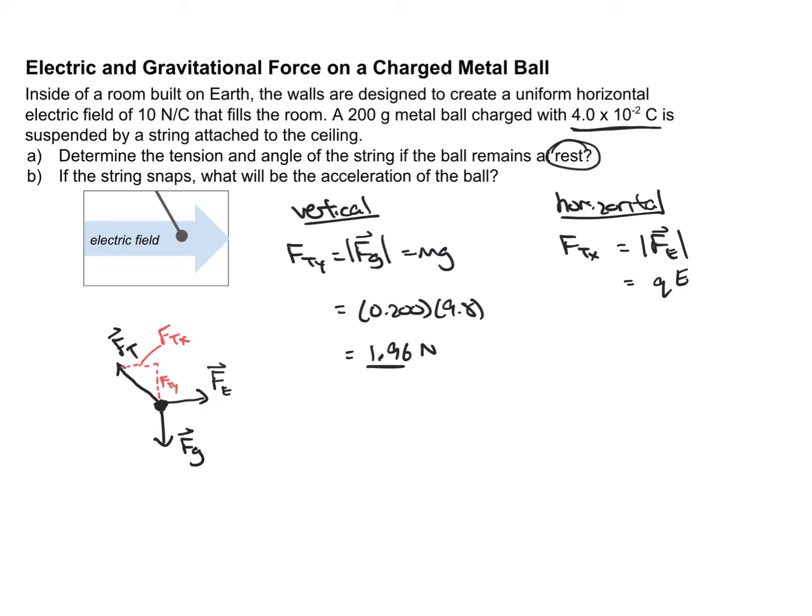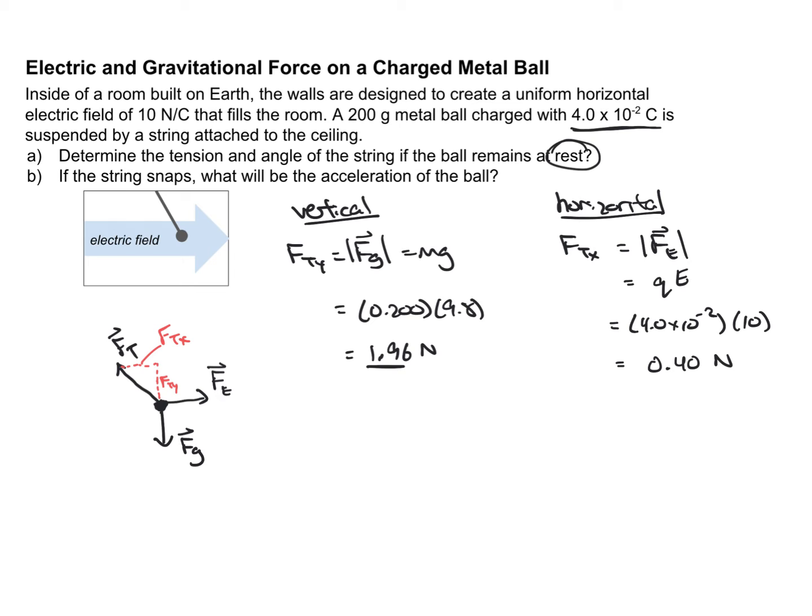Electric force, q times E, charge times electric field. Very similar kinds of formulas there. All right, so the charge is 4.0 times 10 to the negative 2. Yeah, that's the charge. The electric field is 10 newtons per coulomb. So that'll give 0.40 newtons. That's the x component of tension.